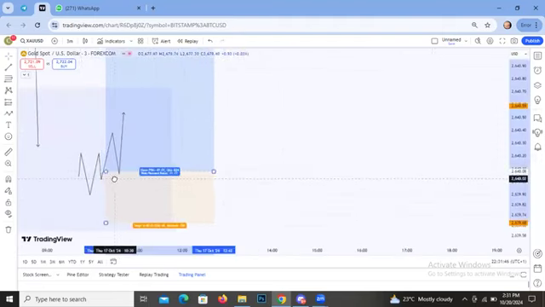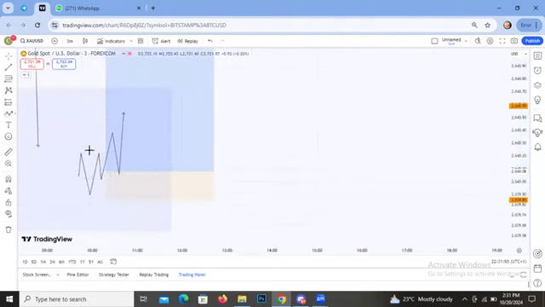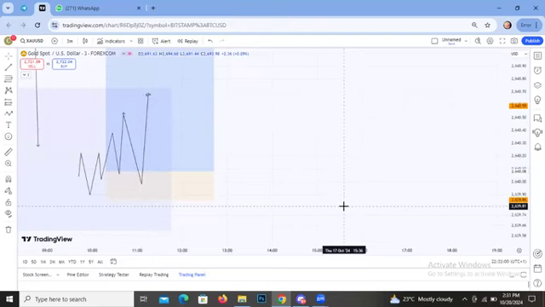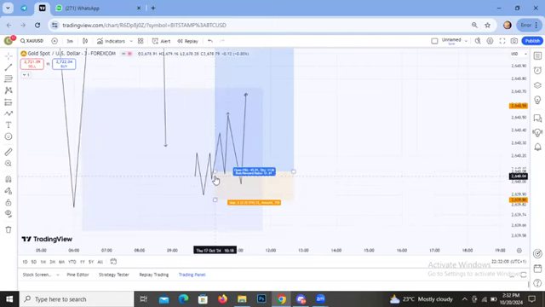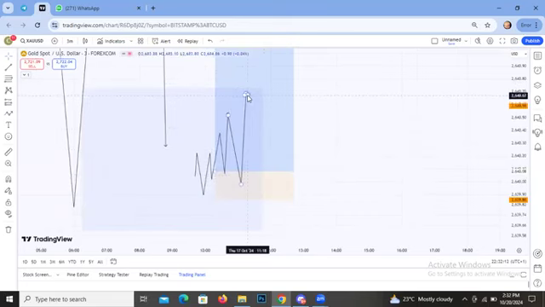Yes. So your SL should be below that low because market can actually do something like this. So nothing like liquidity sweep because your SL is small. You just have to enter and wait for market to do whatever.